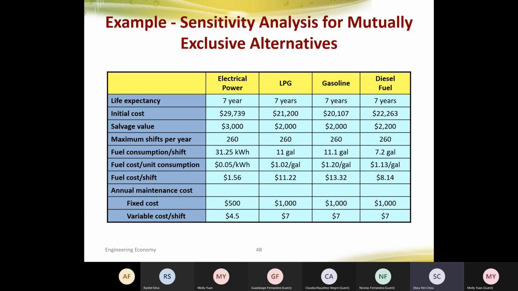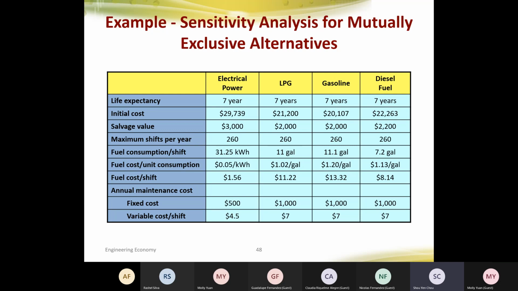Here we have these four solutions. Okay, electrical power, LPG, liquefied... I'm not sure what this is. LPG, gasoline. Usually we have liquefied natural gas, LPG, and gasoline, diesel fuel. Okay, we have these four solutions.